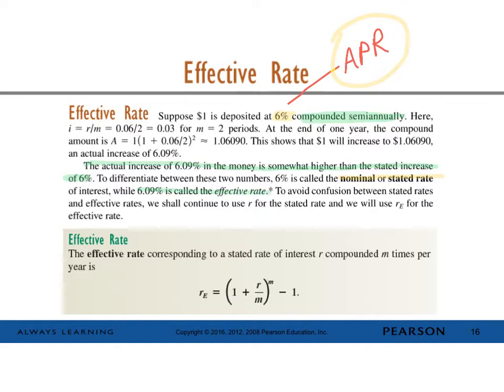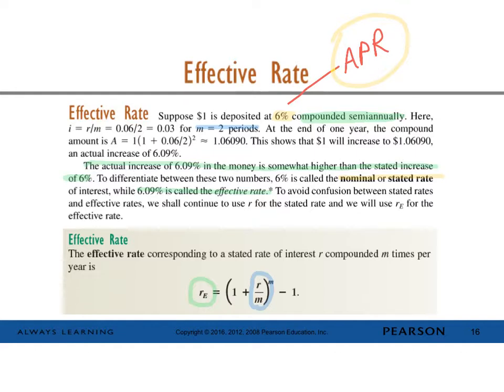So the effective rate can be determined easily enough with this short formula here. That short formula is that the effective rate, R sub E, is equal to 1 plus the periodic interest rate, which is R over M, and then it's raised to the M power, M being the twice a year that it's compounded in this case.